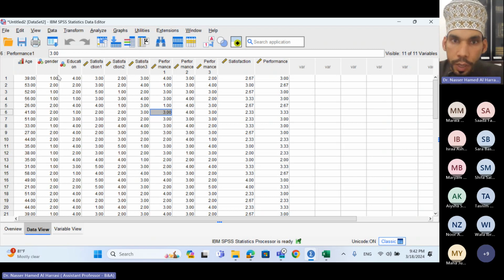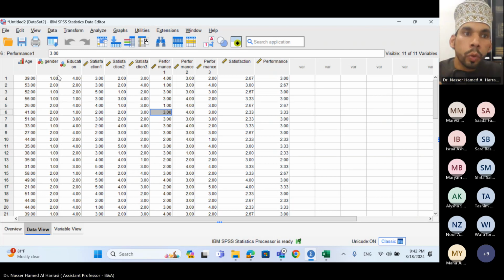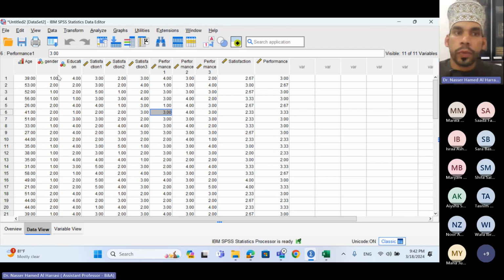Is it male or female who is satisfied more? Who is performing more, male or female? Who is much better in relation to employee performance? Those who have a PhD, or those who have high school, or those who have a master degree. We would like to see the difference between them.